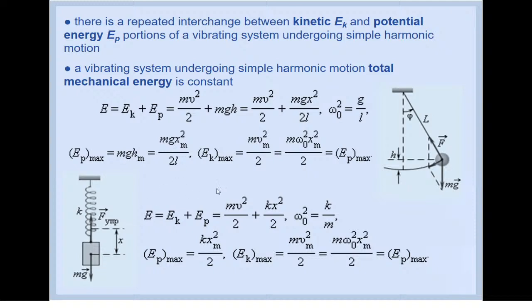This gives the possibility to express these vibrating systems' total mechanical energy as the combination, at any moment, of kinetic and potential energies. This analytical equation shows you the maximum kinetic energy that would be stored in the vibrating system, and this is transferred in turn into the same amount of potential energy.